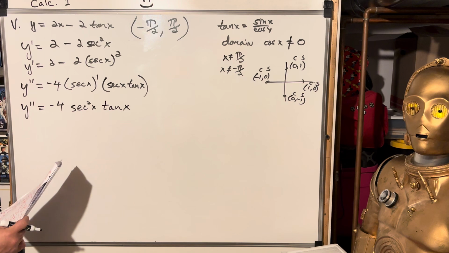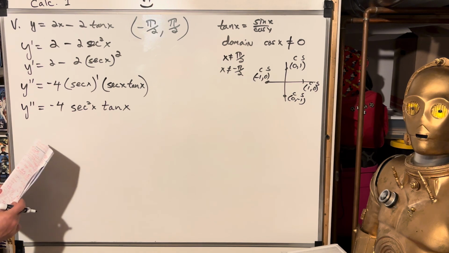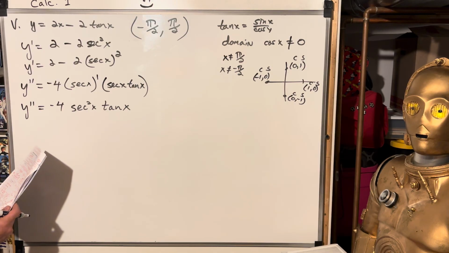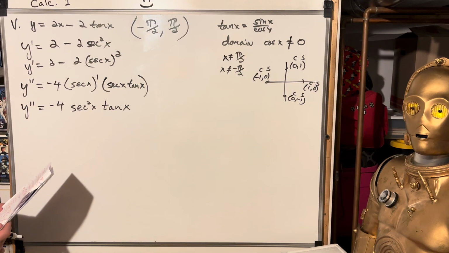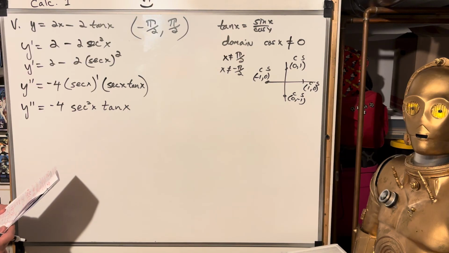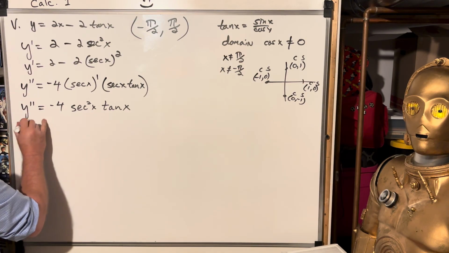And so we set that equal to 0. That is not going to be that easy. All right, so what are we looking at here? Let's change them to sines and cosines, this is too confusing with this stuff.